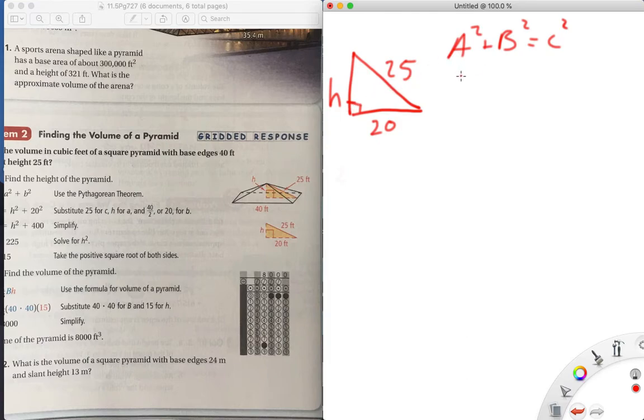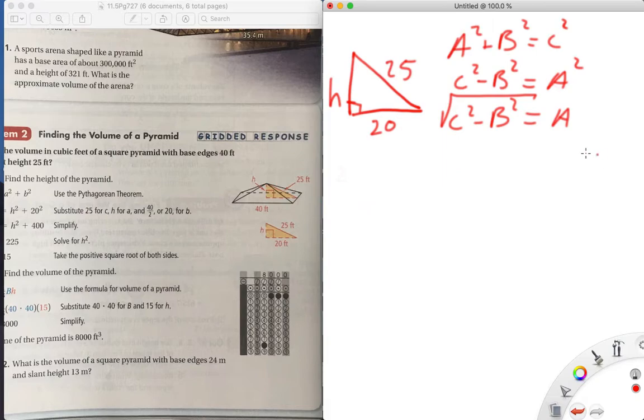It's going to be c squared minus b squared equals a squared. So then I would square root all of that. That is our Pythagorean theorem to find the height.